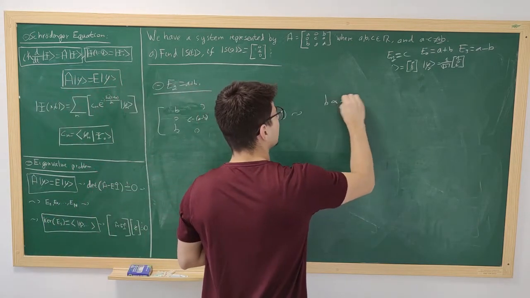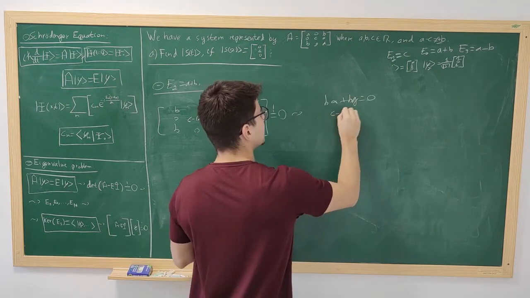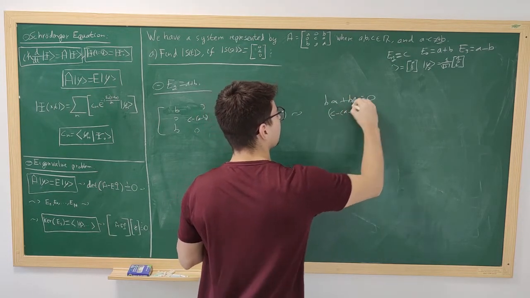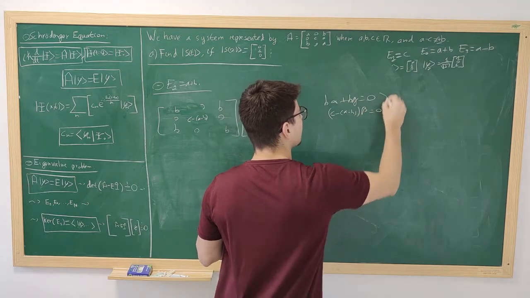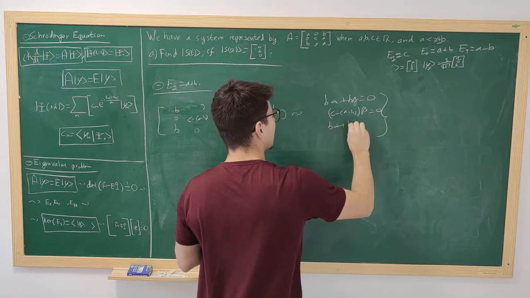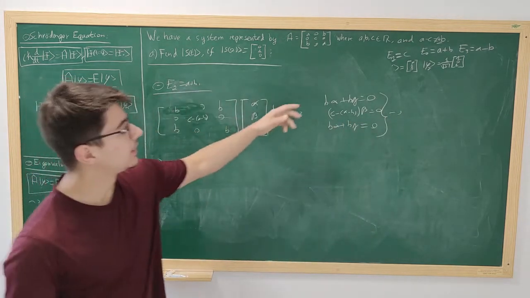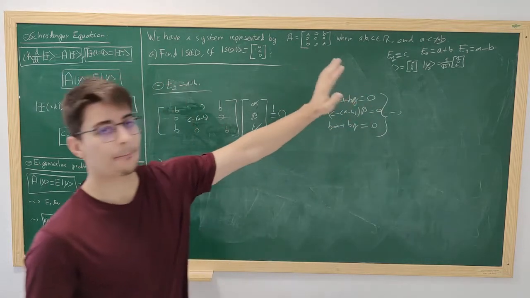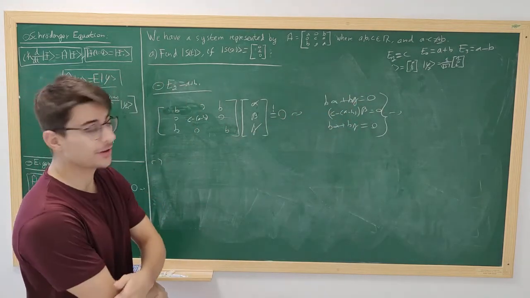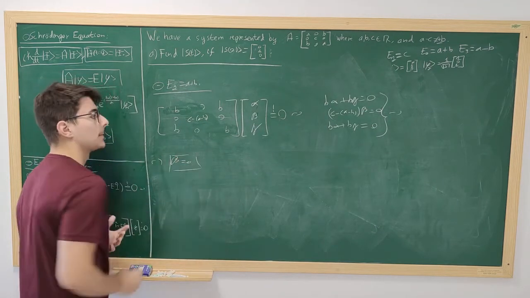In this case, B alpha plus B gamma is 0, (C minus A minus B) beta is 0, and B alpha plus B gamma is just 0. In this case, once again, C is not A plus B, nor A minus B, so beta has got to be 0 again.